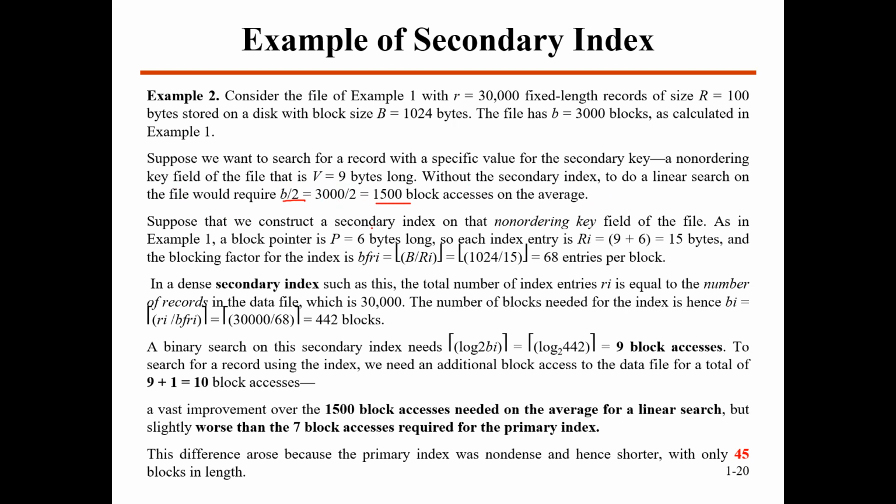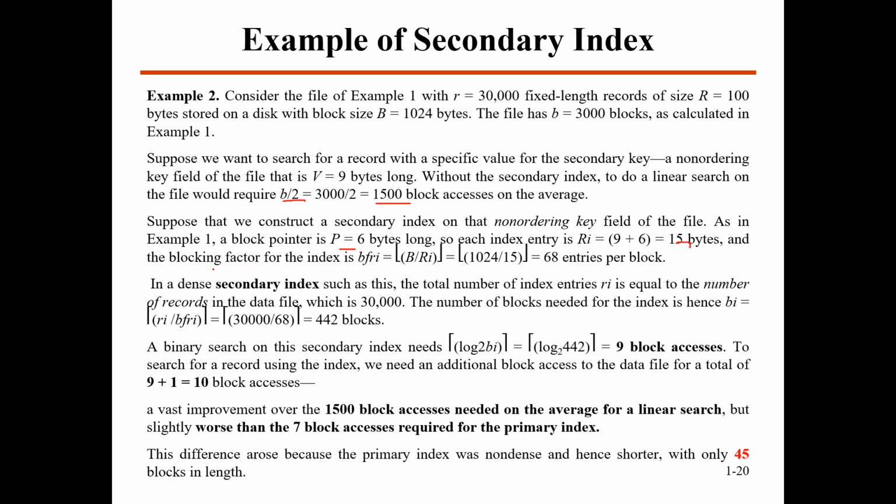Suppose we construct a secondary index on the non-ordering key field, where the block pointer is 6 bytes, that we got from example 1, P is equal to 6 bytes. Then for each entry R of I we have 9 bytes plus 6, which gives you 15 bytes.